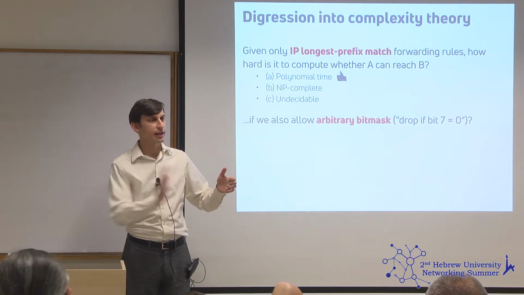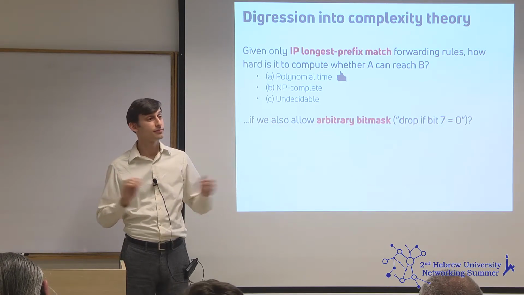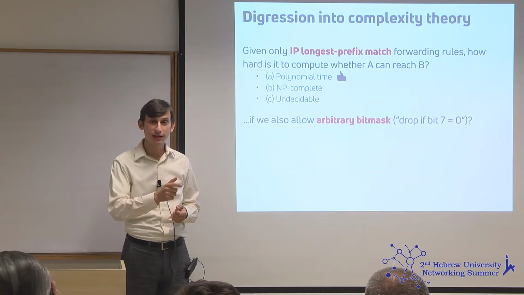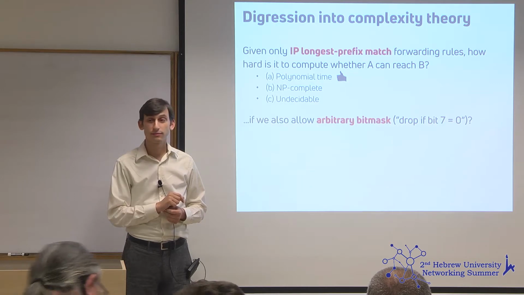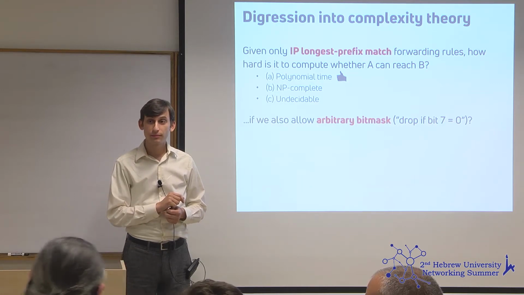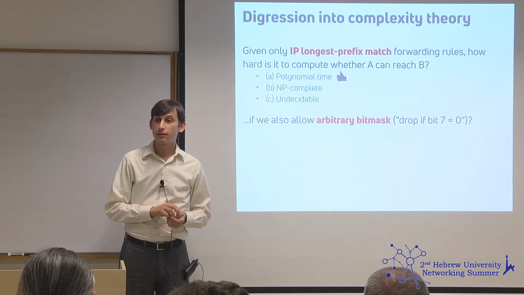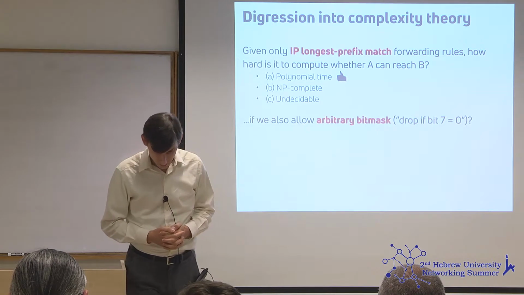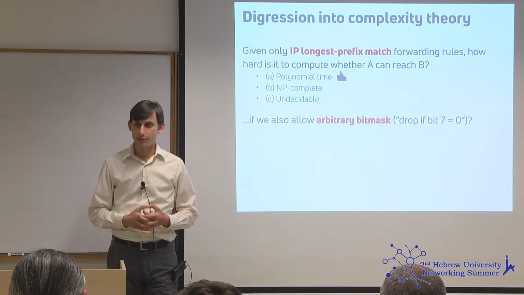You can look at any position in that field, maybe not starting from the beginning, and I can forward or not based on the value of the bit in that field. But you know that. It's not that it's unknown. Right, you extract the IP longest prefix match table, you can extract the arbitrary bitmask from the node. It's not an unknown. I know exactly what the node does.